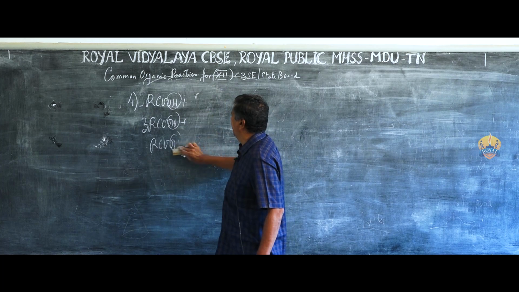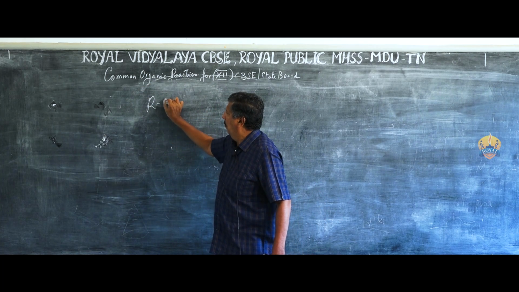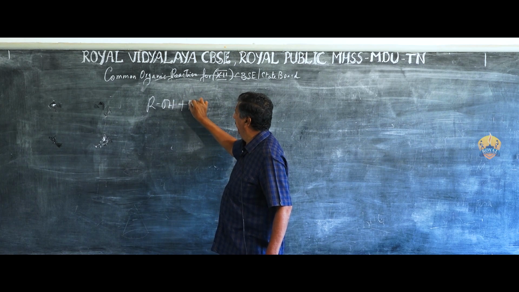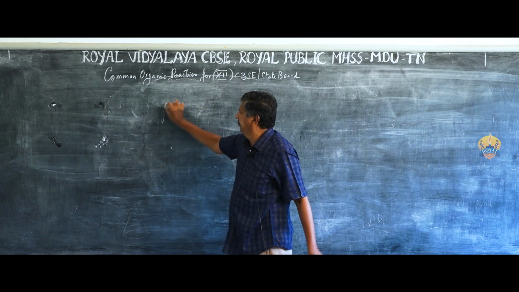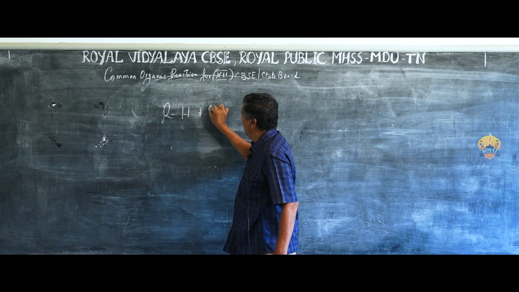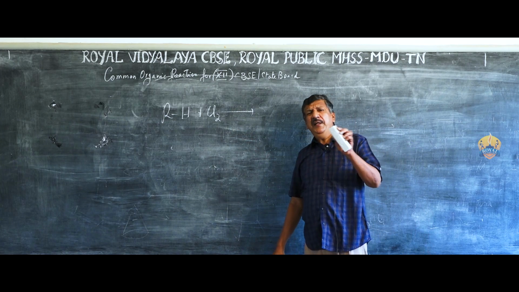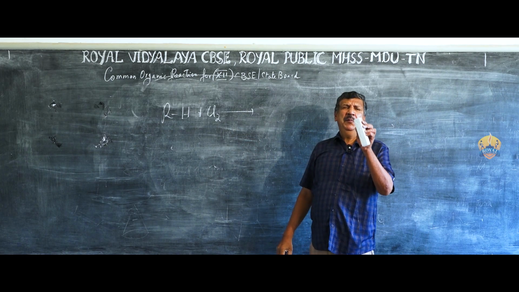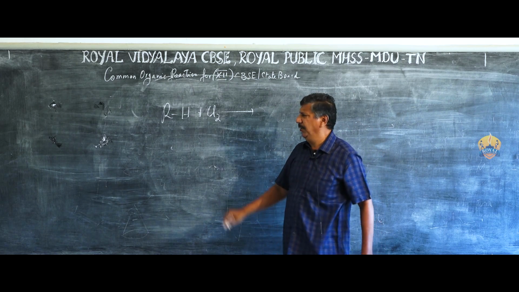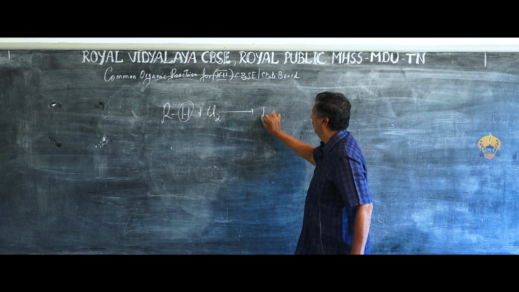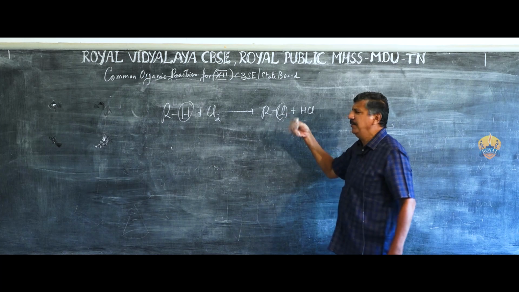We are going to the next stage. ROH with sodium. Wait, before this, we'll see this one: RH plus Cl2. Cl2 is capable of converting only H into Cl, like this. It cannot convert OH into Cl.